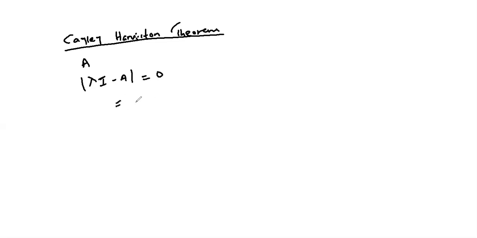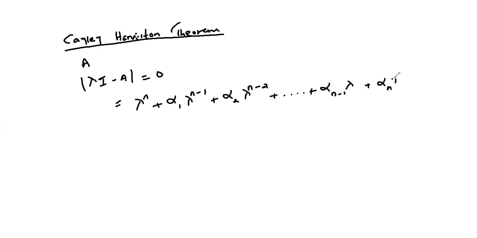Upon expansion, we'll obtain a polynomial in lambda of order n, depending on the order of the matrix A, which can be written as lambda^n plus alpha 1 lambda^(n-1) plus alpha 2 lambda^(n-2) plus all the way up to alpha (n-1) lambda plus alpha n I equals 0.